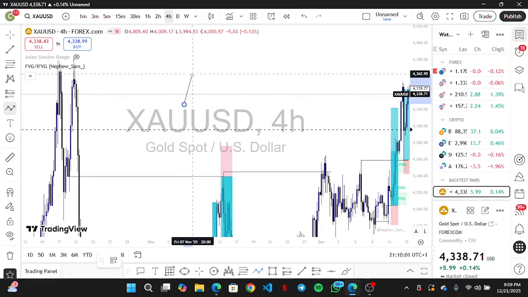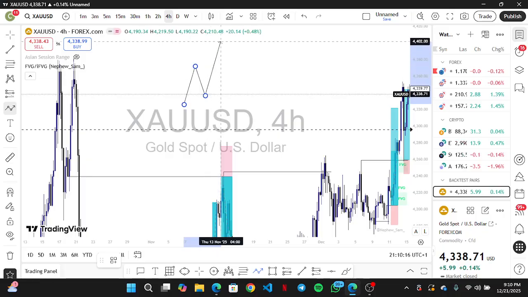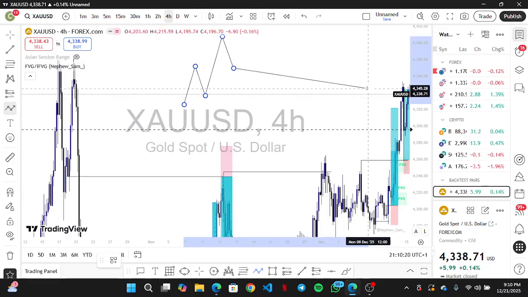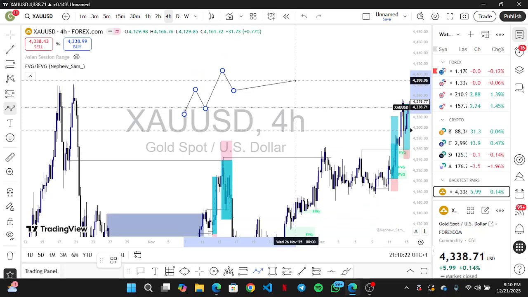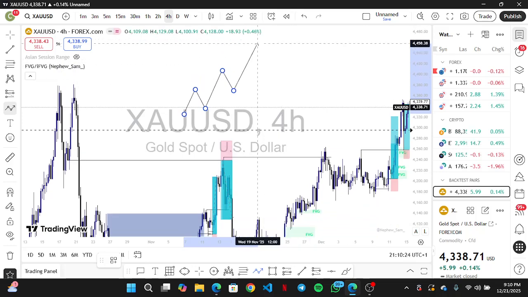So the first one I'll be explaining is support and resistance. Support SBR and RBS. Support break resistance. Resistance break support. Whereby price goes like this, comes back in, taps the support, and then goes higher.